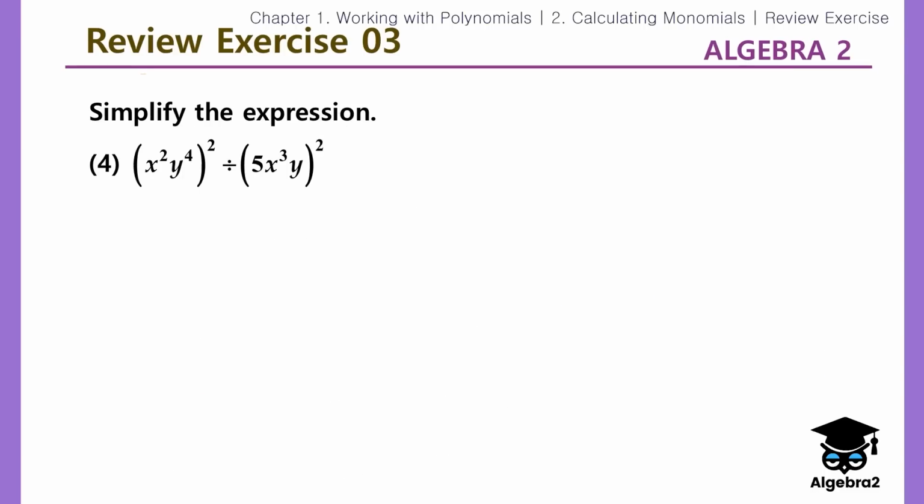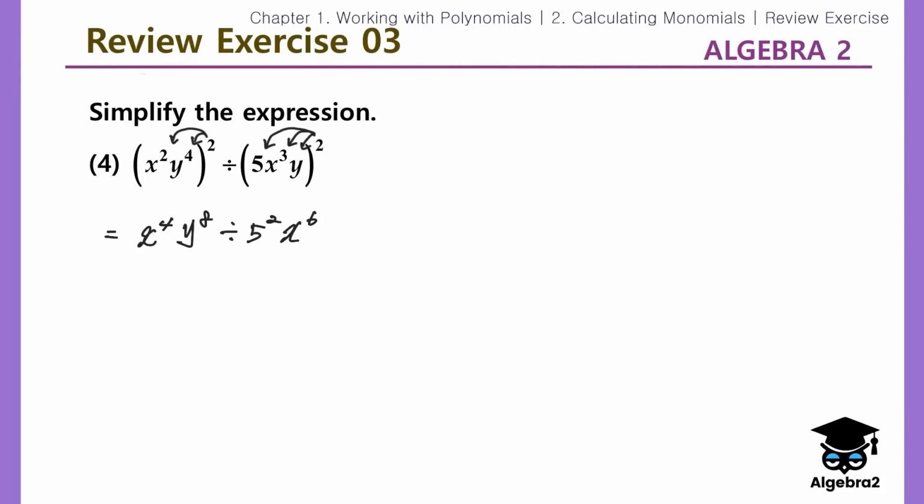Number 4. Okay. Let's eliminate parentheses. 2 times 2, that's x to the 4. 4 times 2, that's y to the 8. Divided by 5 squared. 2 times 3, 6, x to the 6.